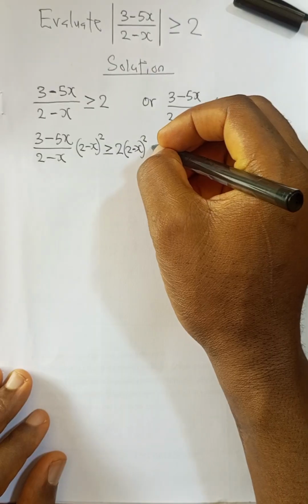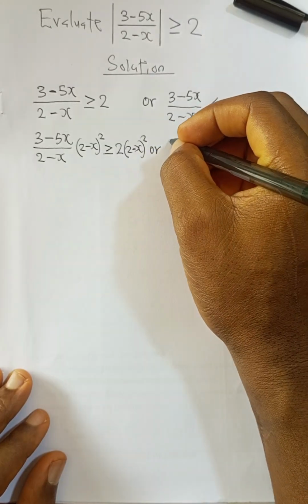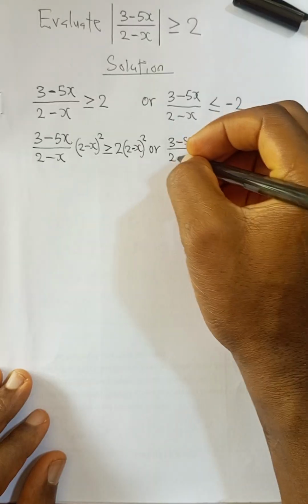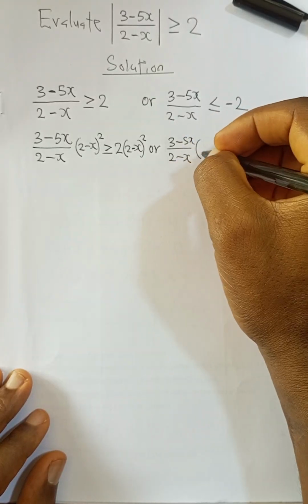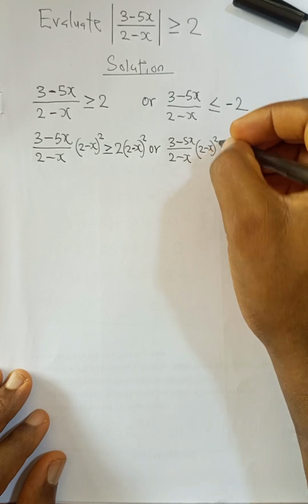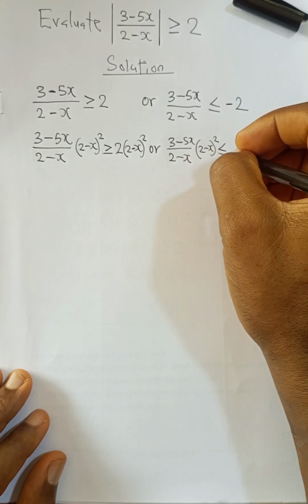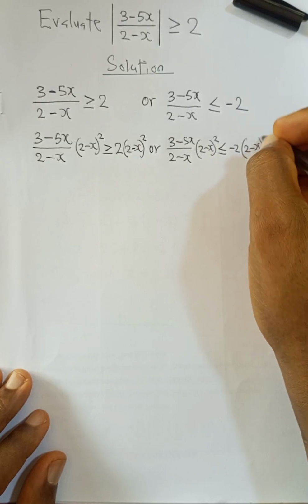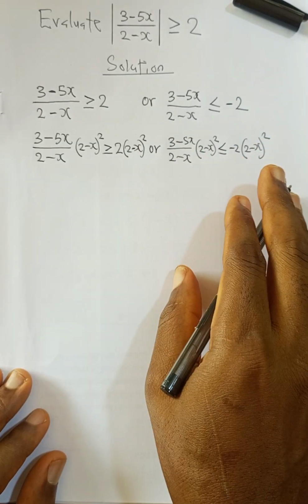For this side it is the same thing. Maybe we'll solve it one after the other. (3 minus 5x) over (2 minus x) times (2 minus x) squared is less than or equal to minus 2 times (2 minus x) squared. That is for this side.